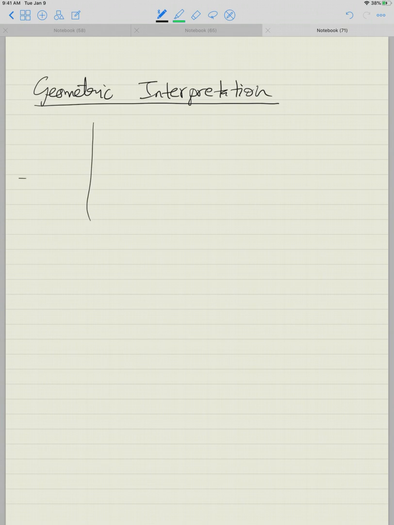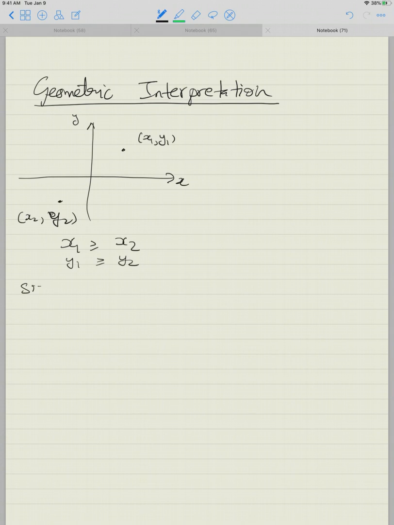Imagine that you have the two data sets. So this is the x-axis, this is the y-axis, this is the point x1, y1, and this is the point x2, y2. So here x1 is greater than x2 and y1 is greater than y2. So if you look at the sign of this quantity, then this is going to be positive.